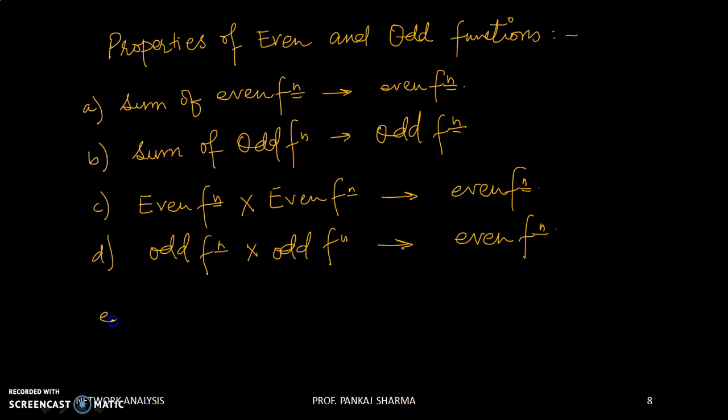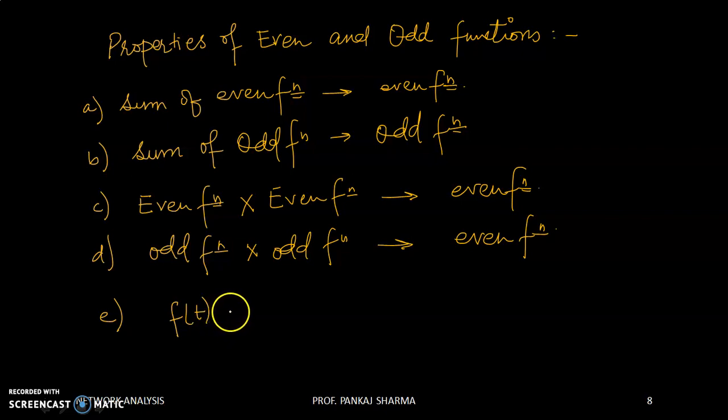Next point: if a function is neither even nor odd, then it can be represented as the summation of even and odd functions. Kindly have a look at this. If we have f(t) which is neither odd nor even, it cannot be declared purely even or purely odd.